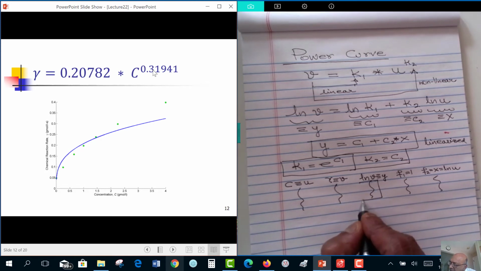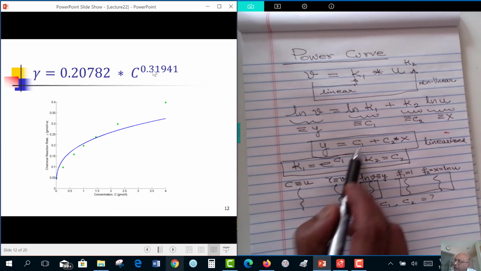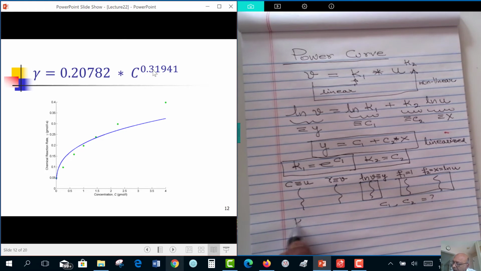So again, we have Y matrix, we have F matrix, we find C1, we find C2, and then we do an inverse transform. K1 is e to the C1 and K2 is C2. And we plot them.